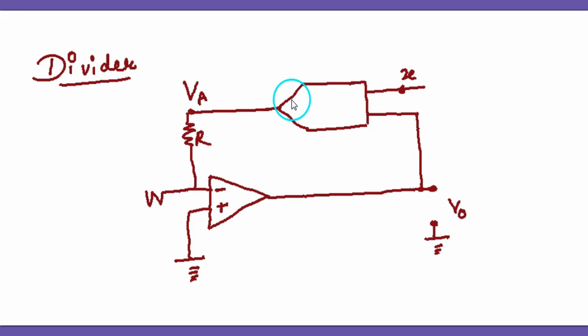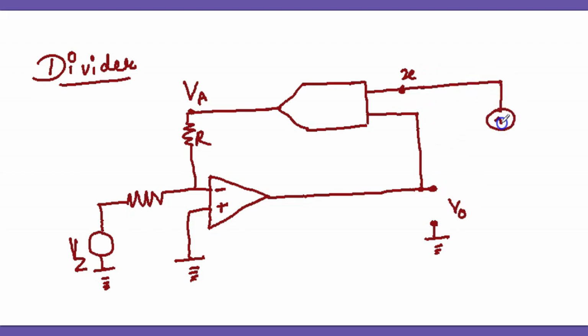Now here, they are the two inputs and the output. The output is connected to the inverting terminal through resistor R. And to this inverting terminal, another input Vz is connected through again resistor R. And at the X terminal, the voltage is Vx.